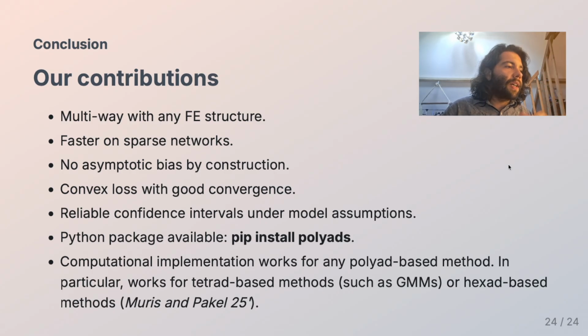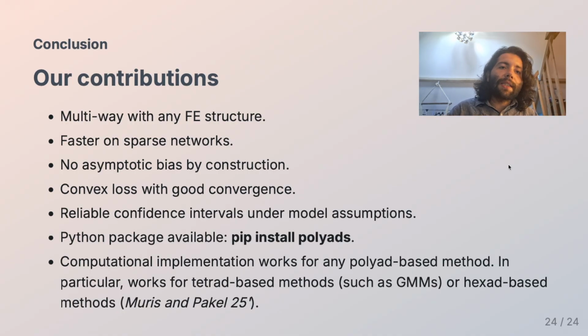If your fixed effects are alpha ij plus gamma it plus xi jt, it works. If it's alpha i, gamma i, alpha i, gamma j, and ct, it also works. So the method is agnostic to the fixed effect structure.